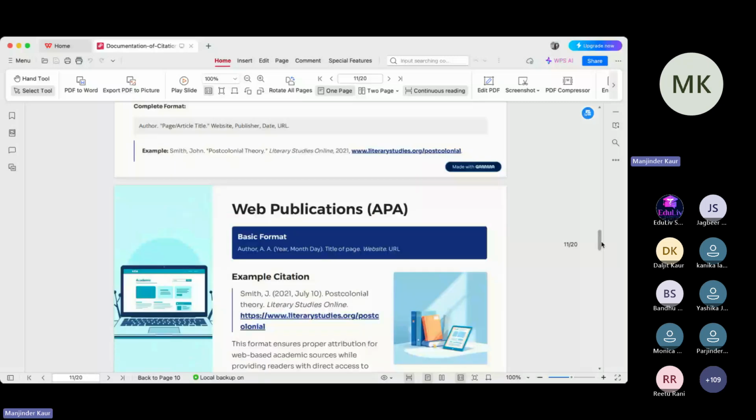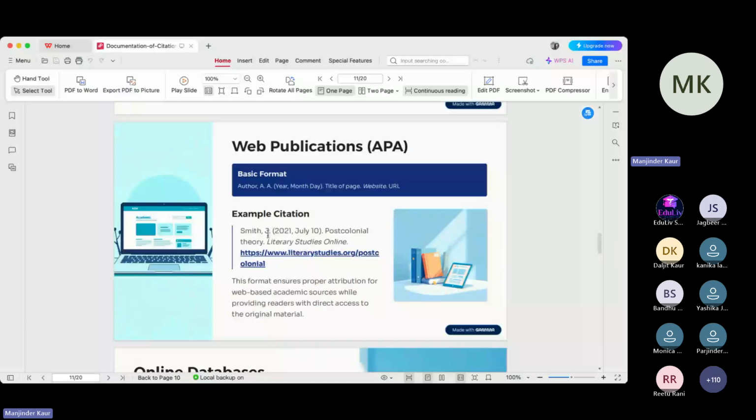Web publication as per APA. Smith, we will not write John completely, J, period, 2021 is the year, followed by July 10, all this in parentheses, period, post-colonial theory, literary studies online is the name of the website, and this is the URL.